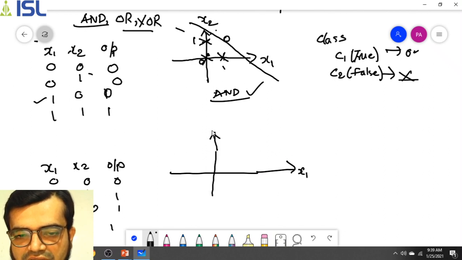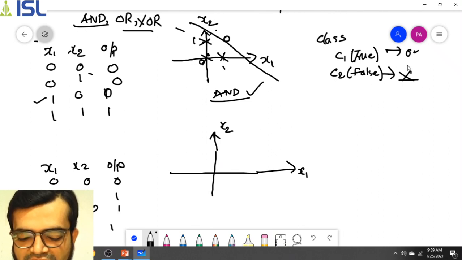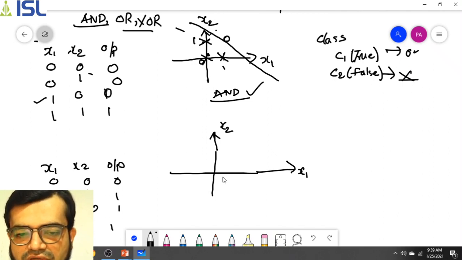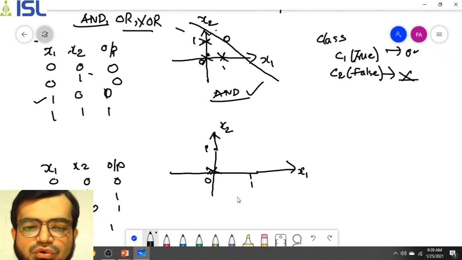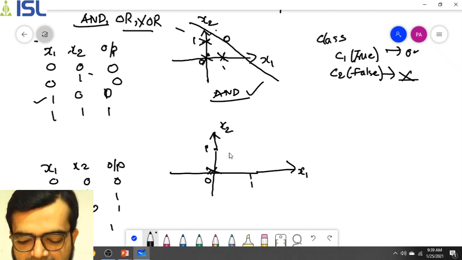This is x1, this is x2, and if I take 0 0, it will give you 0, which means false, so I take a cross mark. Here this is 1, let us assume, and this is also 1. Now 0 1 gives 1, because it is true I take the circle representation.